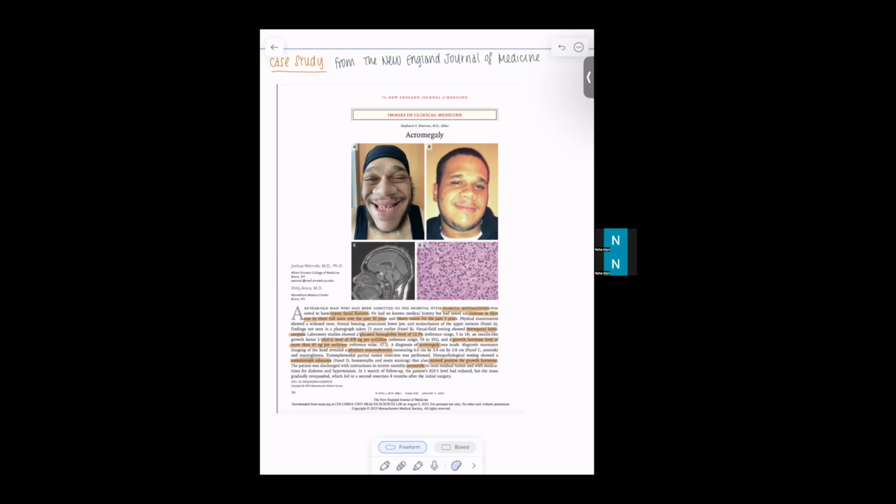The next part says that the labs showed an elevated IGF-1 level. Basically, insulin-like growth factor is a hormone which bears structural similarity to insulin, but it's involved in growth, particularly in childhood. So growth hormone stimulates the production of IGF-1. An excess amount of IGF-1 would indicate a constitutively high amount of growth hormone, which is also what the labs show, because you can see here that 65 nanograms per milliliter far exceeds 7.1.